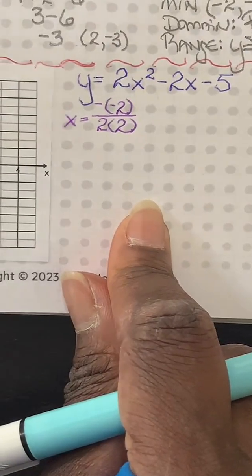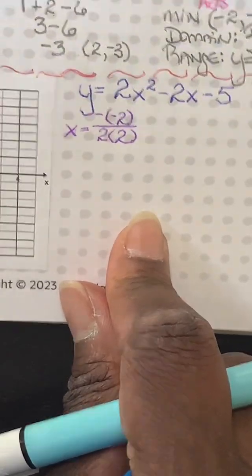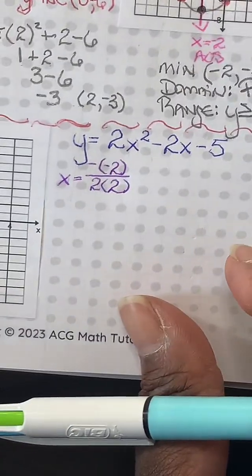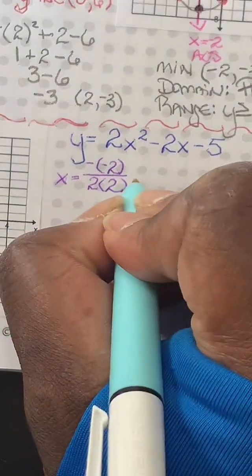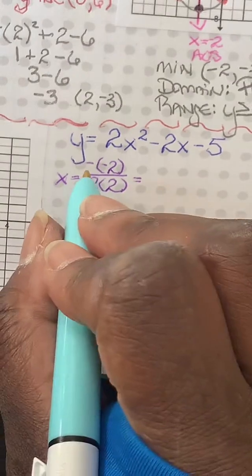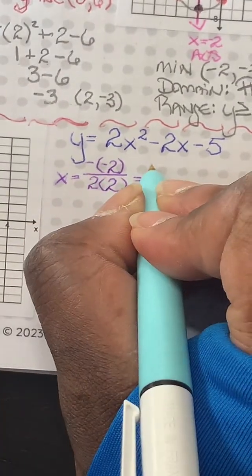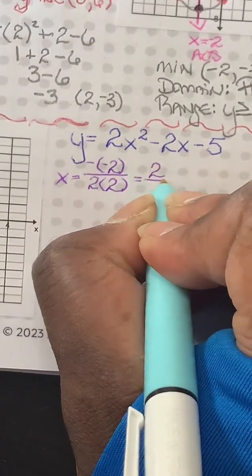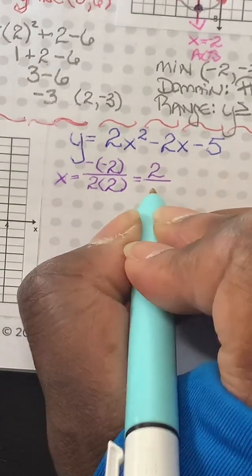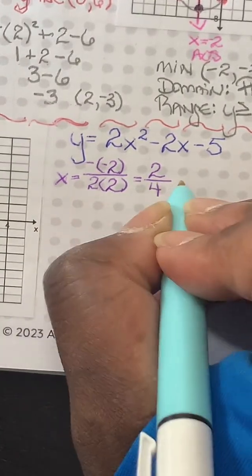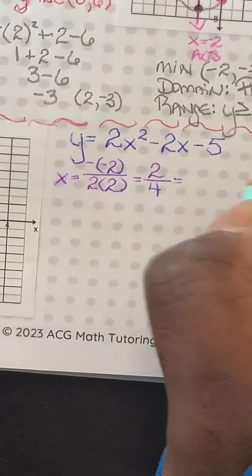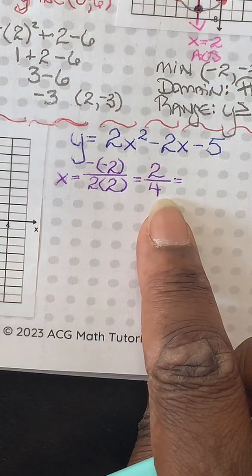Ooh, that was a little too crazy with the zoom. Okay. So now we have a negative times a negative. That gives us a positive. And 2 times 2, which gives me 4. So this can be reduced to what?